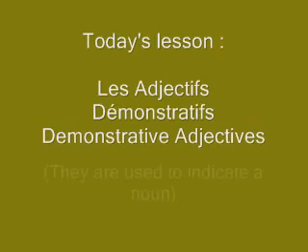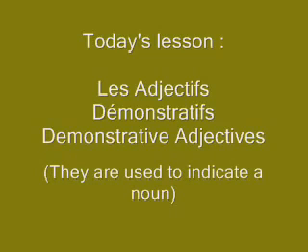Demonstrative adjective, which is in French adjectif démonstratif. Démonstratif comes from démontrer, which is a verb. And in démontrer, we have the stem, the root, which is montrer. And montrer means to show. So basically, you use the demonstrative adjective to show, to indicate something, somebody, someone, a noun.